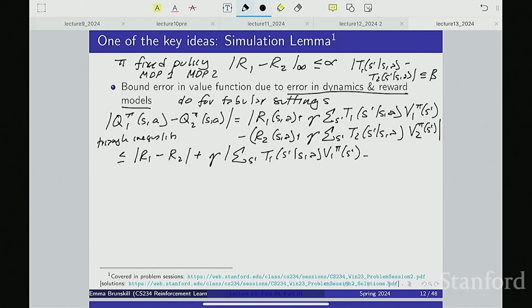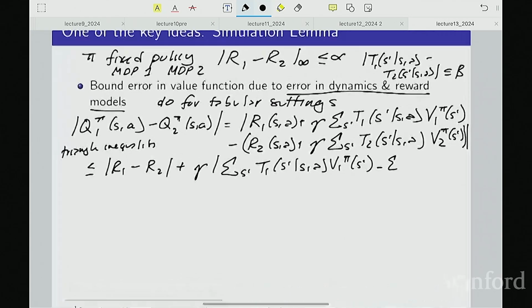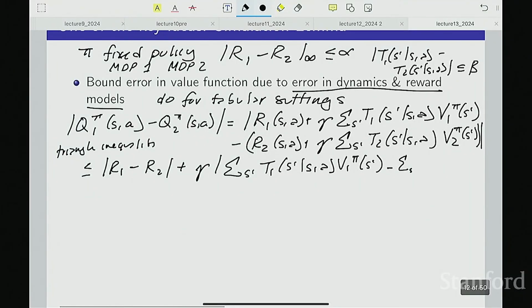This should be in parentheses. I just use my triangle inequality, I split the two terms. Remember this, we've already said is going to be less than or equal to alpha, because we've upper bounded our error. So then we have to think about the second term.